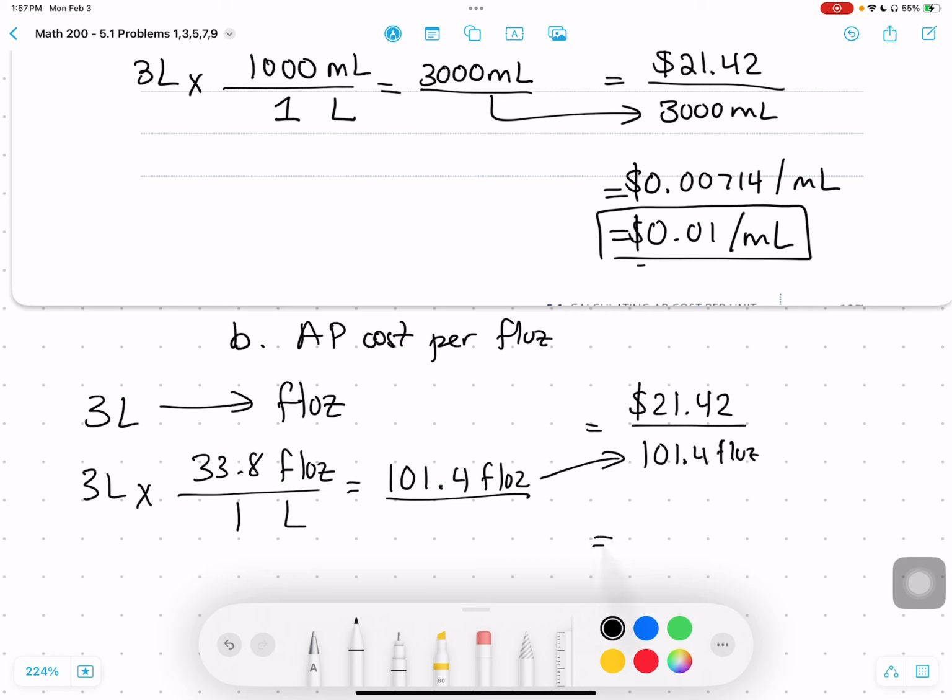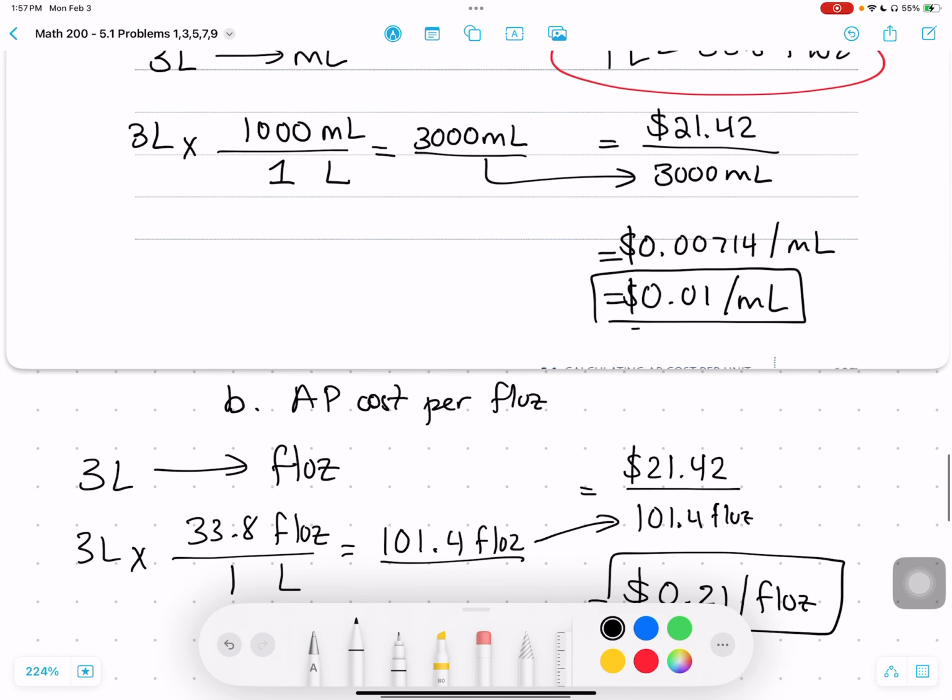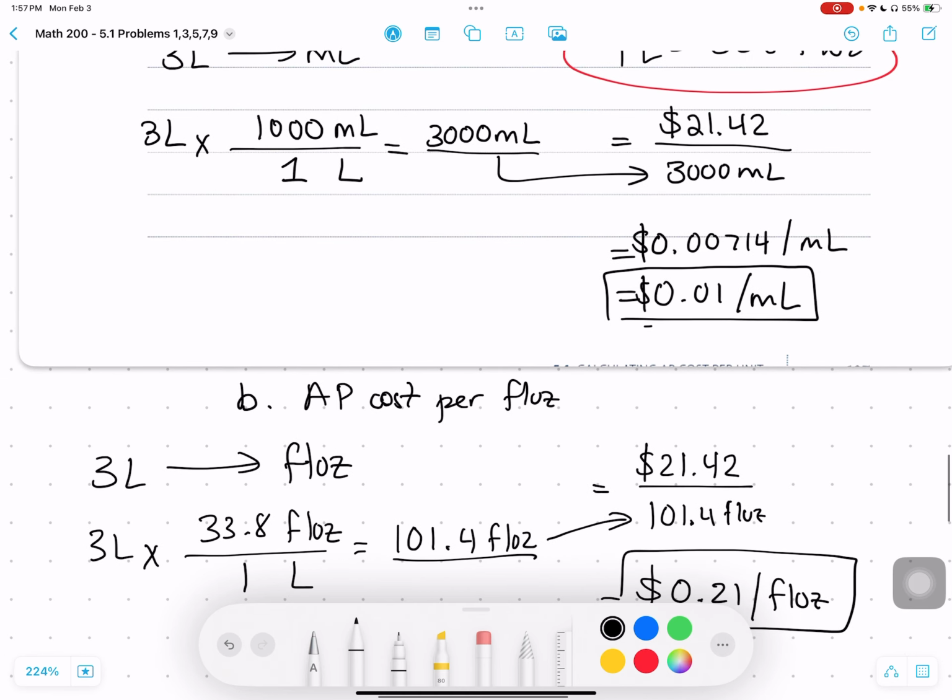The cost per fluid ounce is 21 cents per fluid ounce. So this is what I'm looking for on 5.1 to do these kinds of calculations for AP cost per unit and AP costs in general. Thank you very much, guys, and let me know if you have any questions.